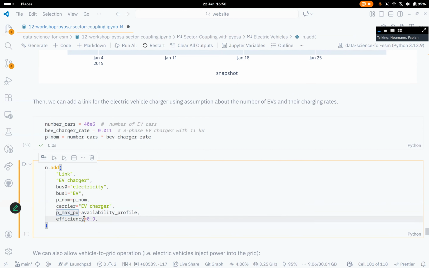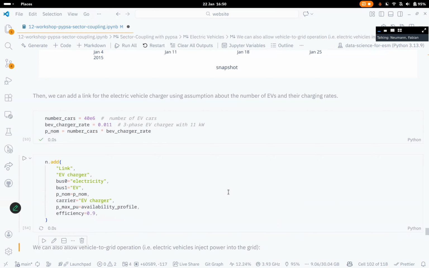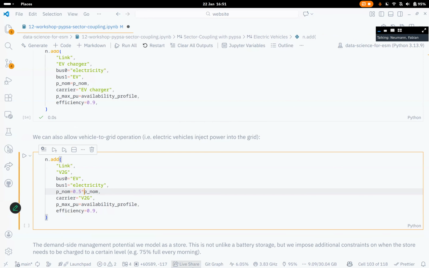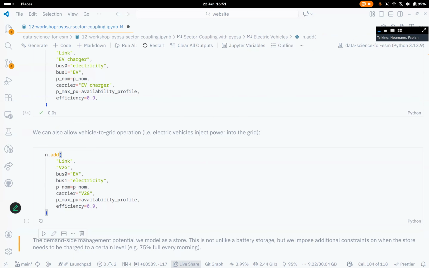And we can also consider an efficiency here. And in principle, we can also do the other way around with a vehicle to grid link, same availability constraints. We could also assume that maybe only 50% of the electric vehicles participate in the demand side management, and downscale the capacity further.